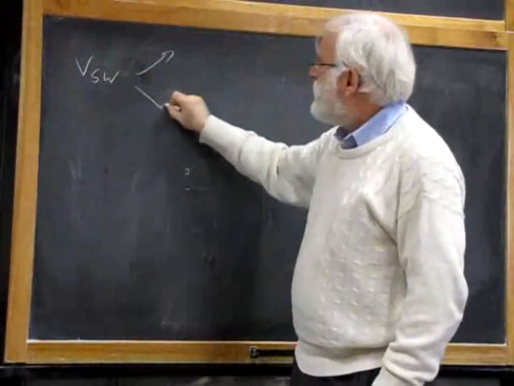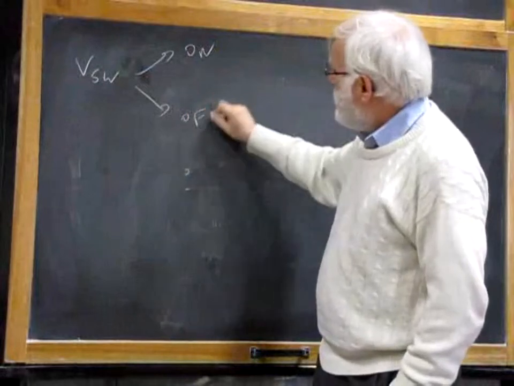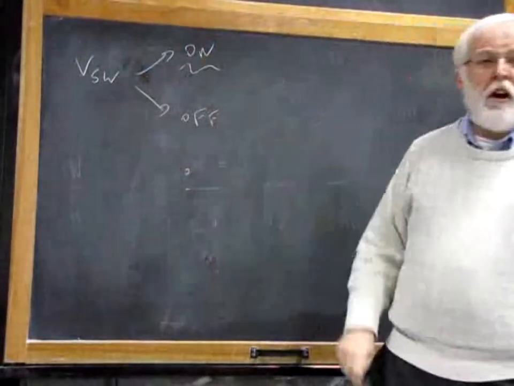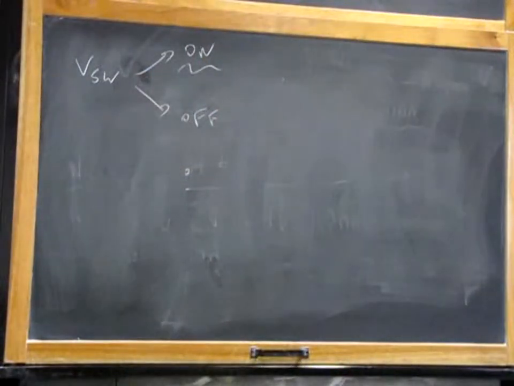Obviously, during on phase and during off phase, there are two voltages across the switch. During on phase is a quantity that we decide with some common sense. Common sense means in Italian, buon senso. No, senso comune.